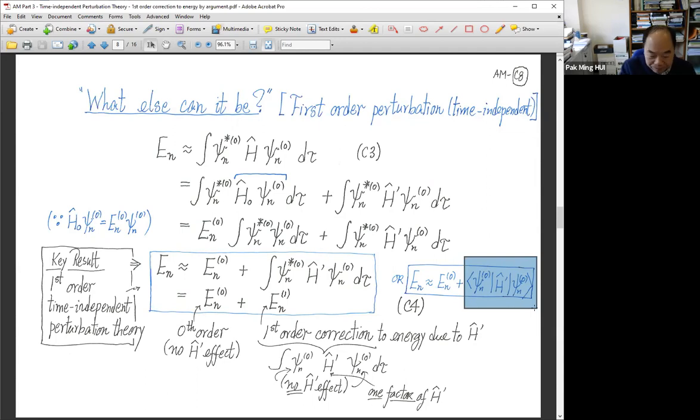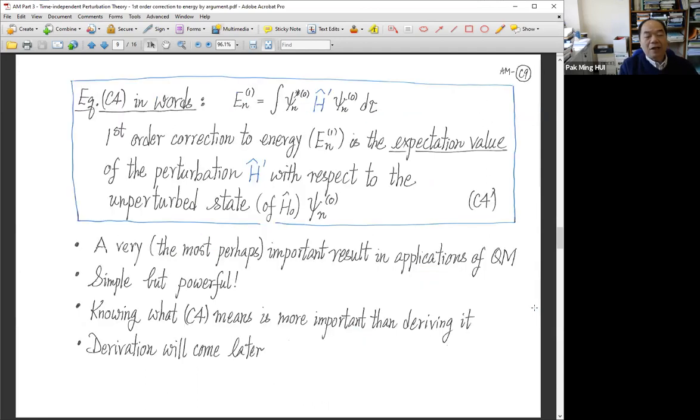So in words, I think it's useful that the answer can be expressed in words. So I write it out for you. It is the expectation value of the perturbation H prime with respect to the 0th order state, the unperturbed state.